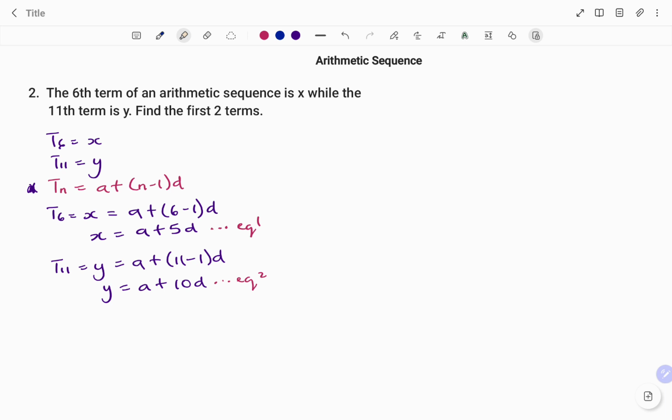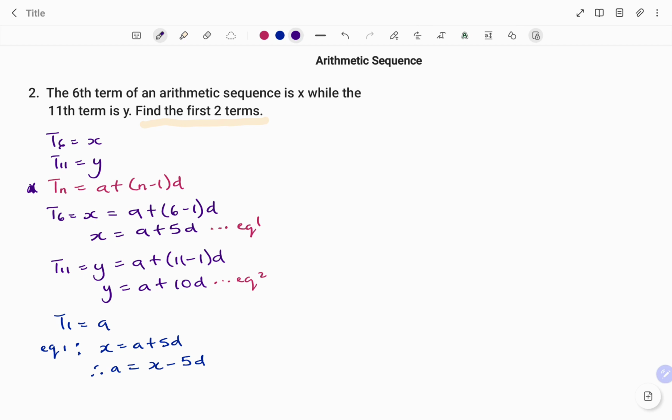So going back to the question, we have to find the first two terms. The first term, that's T1, is also equal to our a, which is the first term. So from equation 1, I have x equals a plus 5d. So therefore, making a the subject of formula, I have a equals x minus 5d.